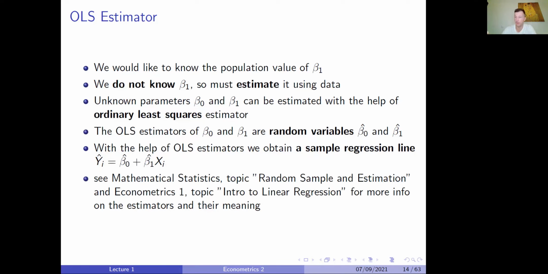More on estimation and the meaning of estimators you can find in the mathematical statistics lecture and in Econometrics I topic, intro to linear regression.